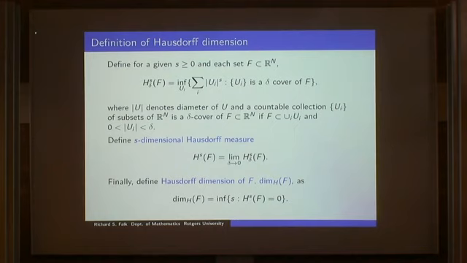And then you can finally get the Hausdorff dimension. According to this formula, you look at the infimum of all the s for which H^s of F gives you 0. To me, this is not at all intuitive. So I don't have a lot to explain, but you see this comes up when you have fractal sets. You want to be able to measure them in some way, and this is commonly used.